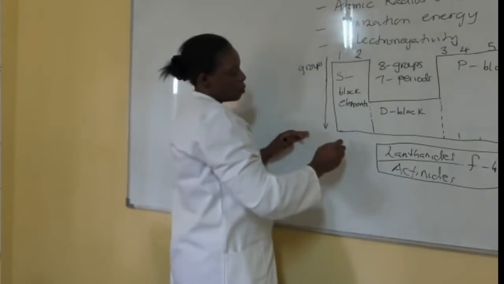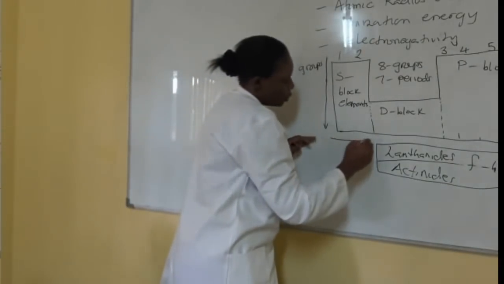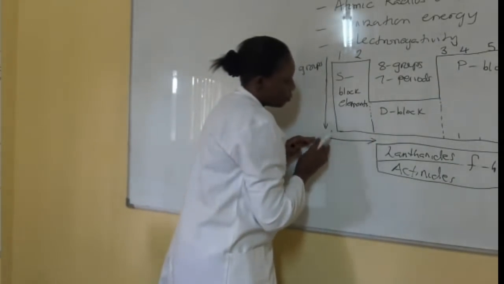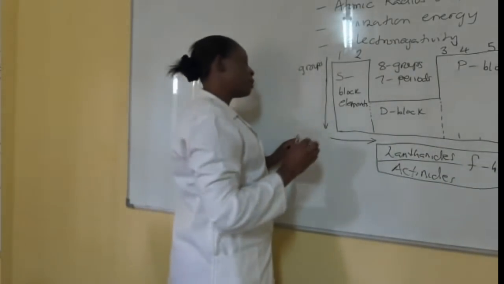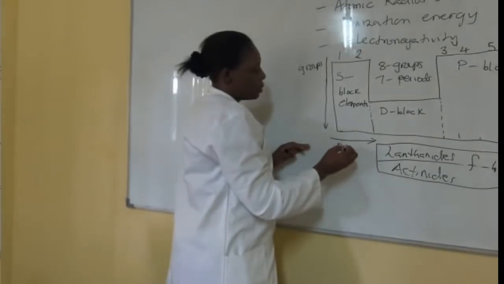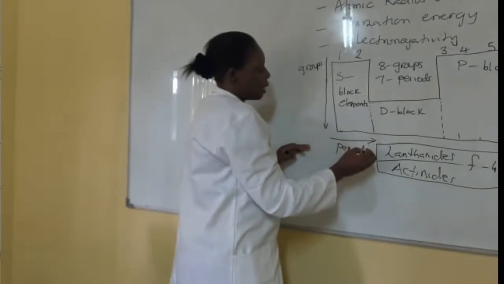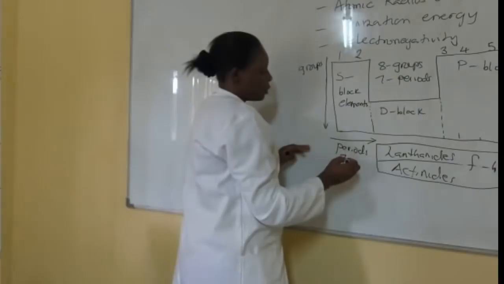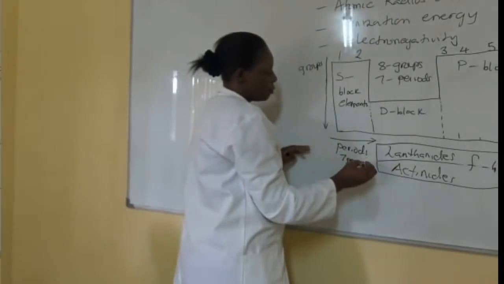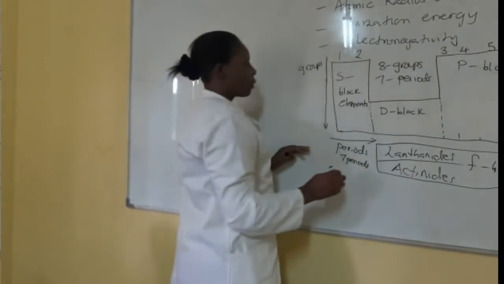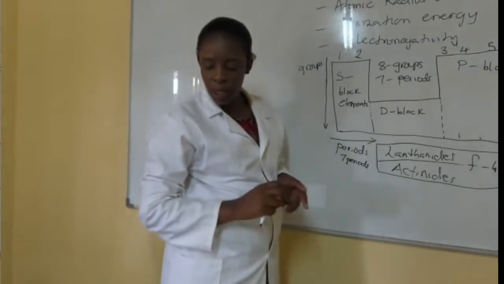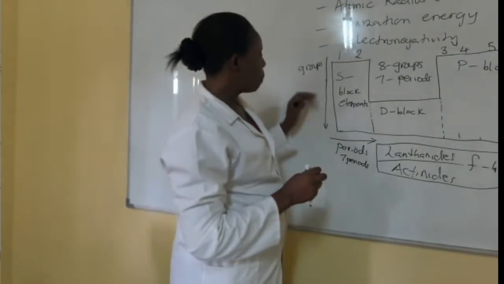And then the horizontal rows, these ones, which run from left to right across a period. So these are periods. And we have 7 periods. Okay? So you can look at your periodic table actually.